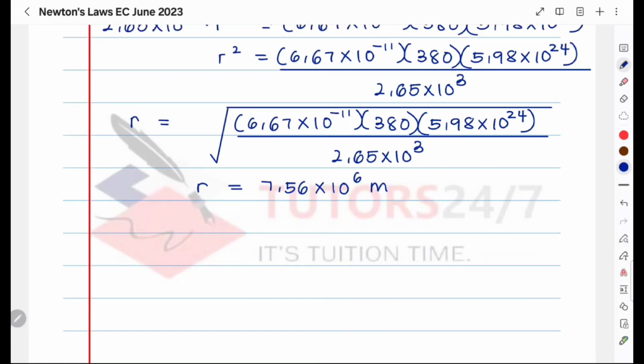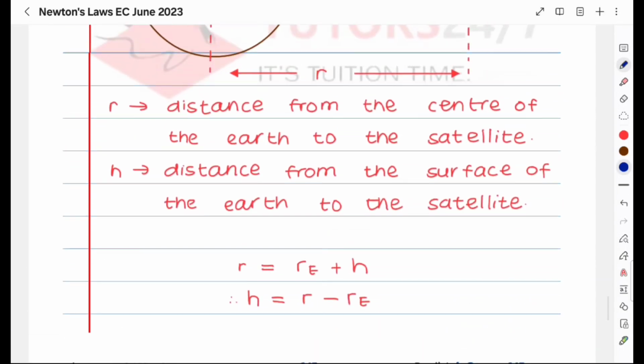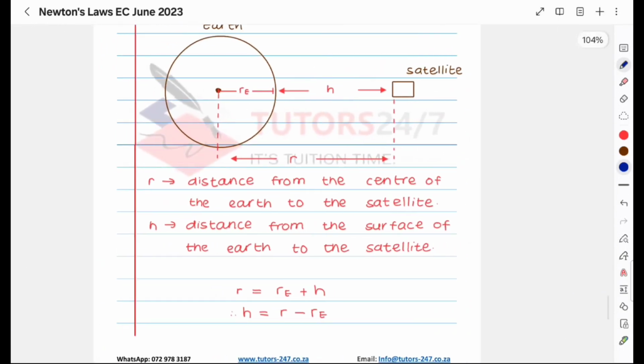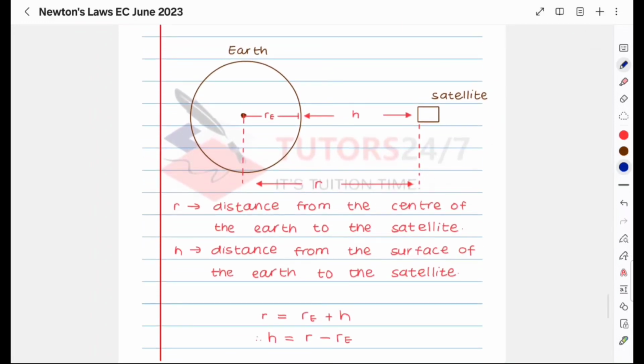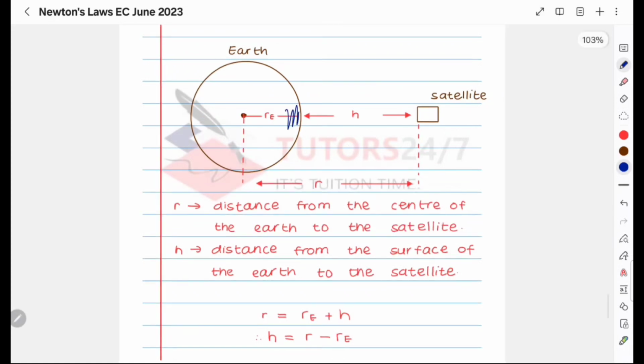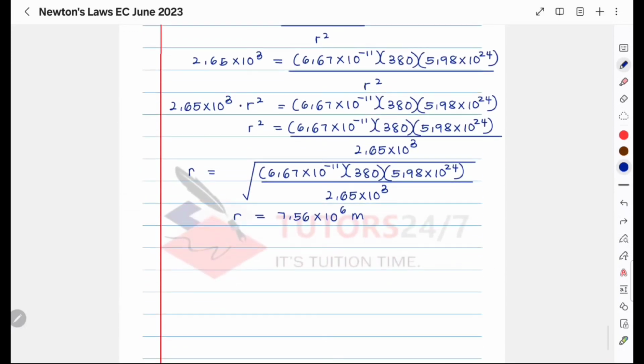From here, we're going to use our previous equation of h is equal to r minus the radius of the Earth, because we know that to calculate the distance from the surface of the Earth to the satellite, we take the distance from the center of the Earth to the satellite and subtract the radius of the Earth. So we do not want the radius of the Earth. We're only looking for this part here, h. However, our value of r includes the radius of the Earth.